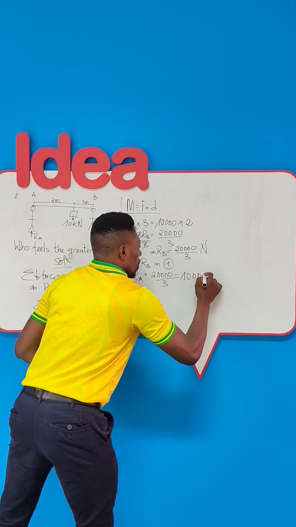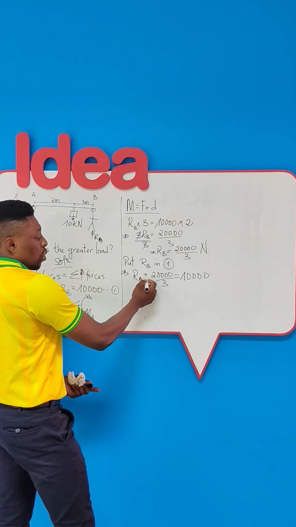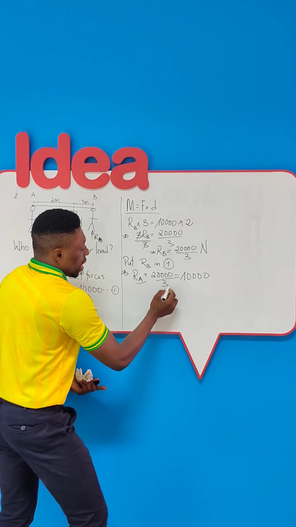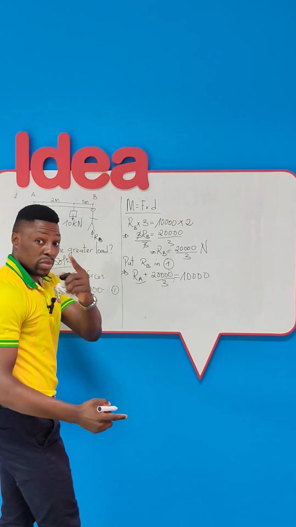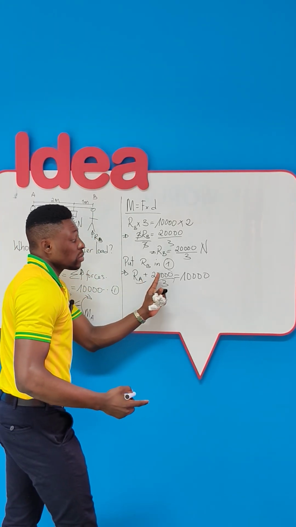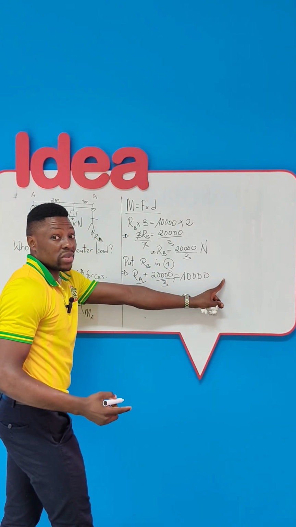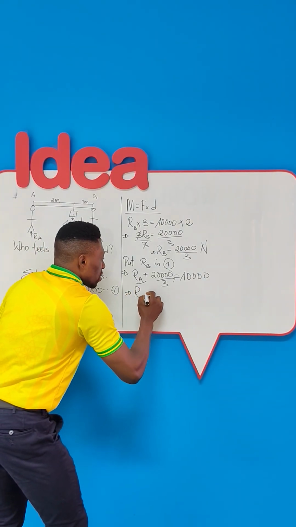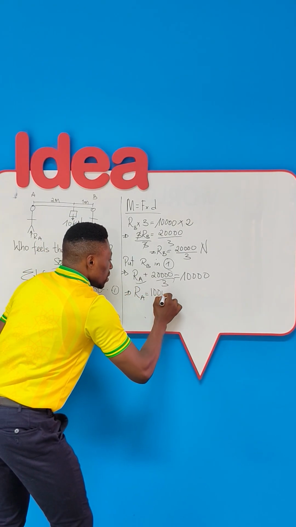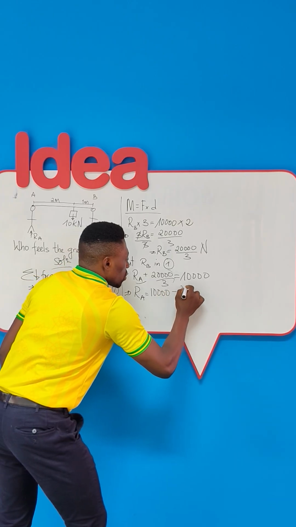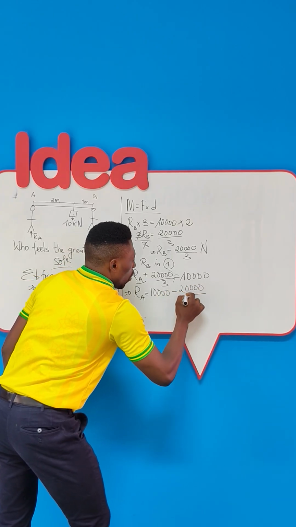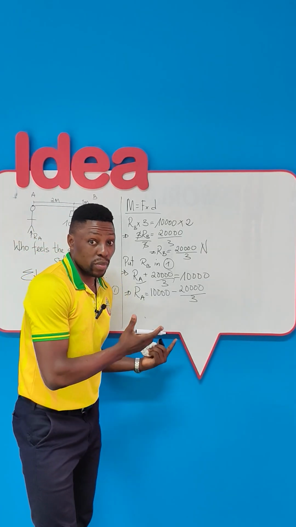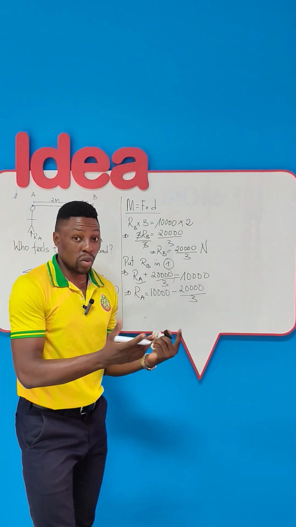All right, we are almost done. All we have to do now is to make RA the subject by sending this term to the right. And guys, be watchful with the sign. When this moves to the right side, it becomes negative, okay? So we have that RA is going to be equal to 10,000 minus 20,000 all over 3. At this point, I'm going to leave it to you. You can decide whichever method of solving this fraction is convenient for you.